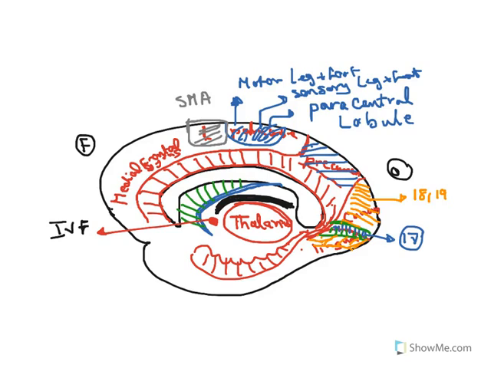Just in front of the premotor area or the supplementary area, the rest of the frontal cortex on the medial side is called medial frontal gyrus. This medial frontal gyrus is responsible for thinking and behavior, higher intellectual abilities, and also controlling the personality of the subject.